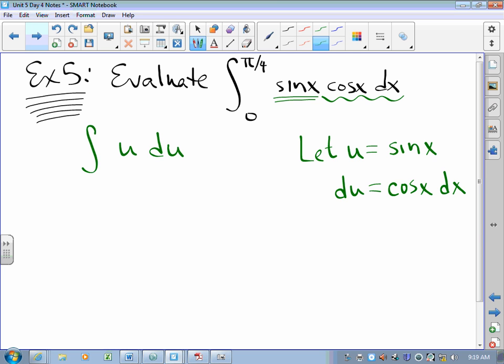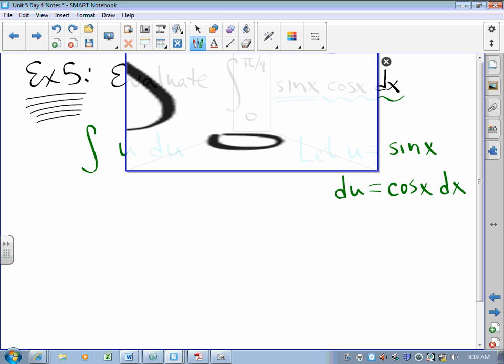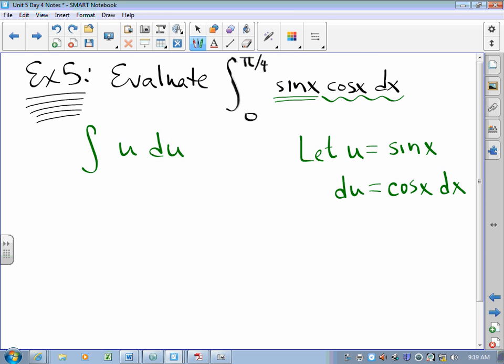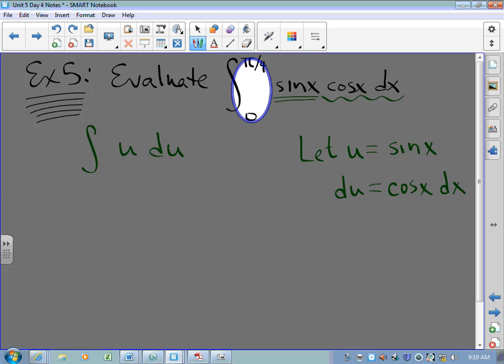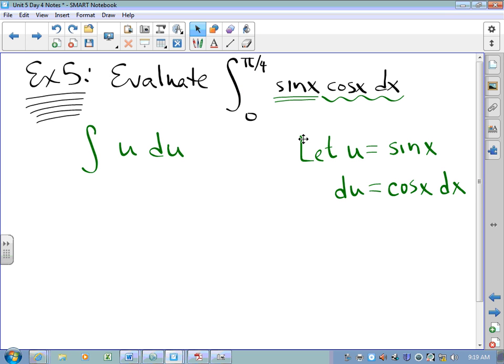Now, folks, we do a complete change of variable, which means that these have to go. These have to go also. Those are x limits. We want u limits. So what does that look like? Well, when x is 0, what is sine of 0? That's 0.